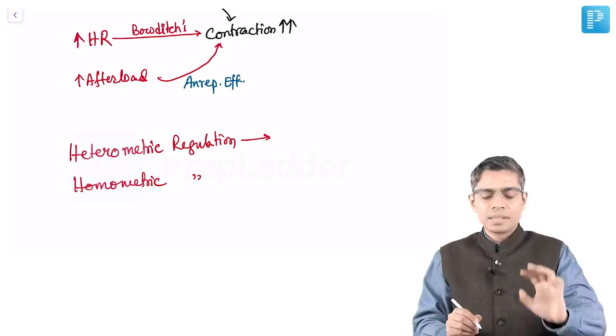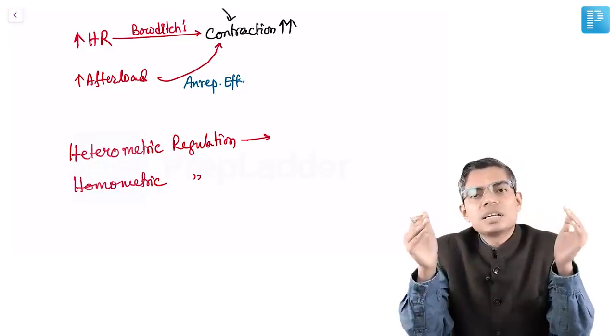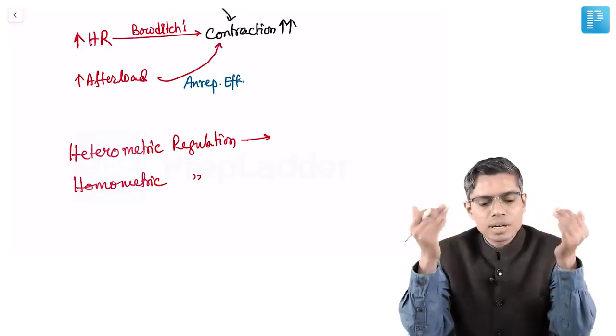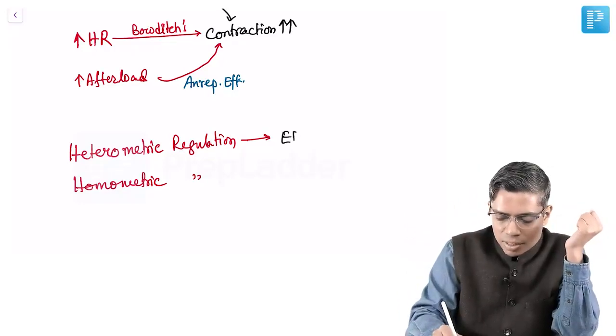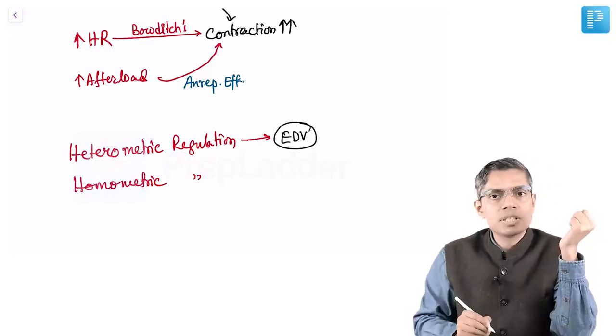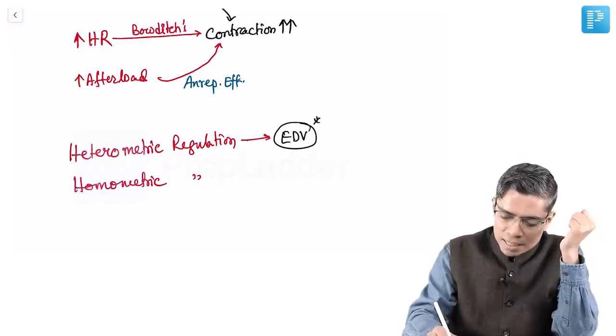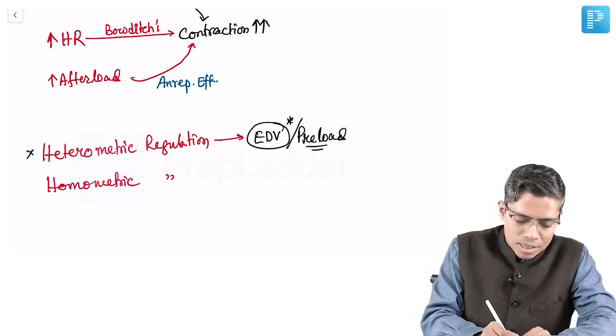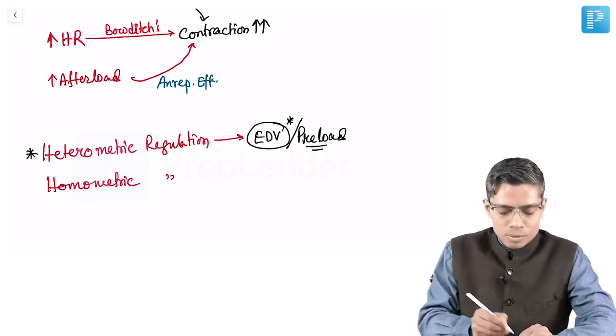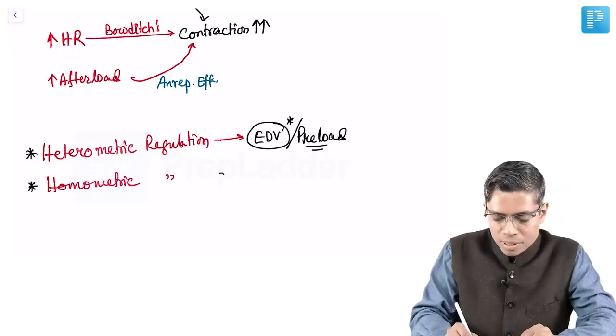Just remember, heterometric means you are changing the length of the myocardium, and that's why your cardiac output is changing. Simply, if you change the end diastolic volume, your myocardium length will change. So by changing this end diastolic volume, or by changing the preload, if you are changing the cardiac output, then this is known as heterometric regulation of cardiac output.